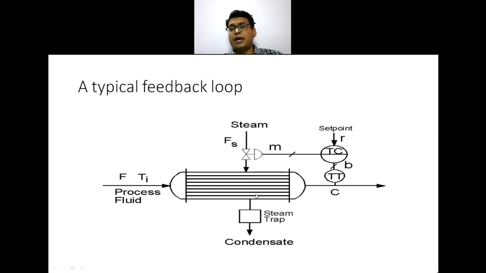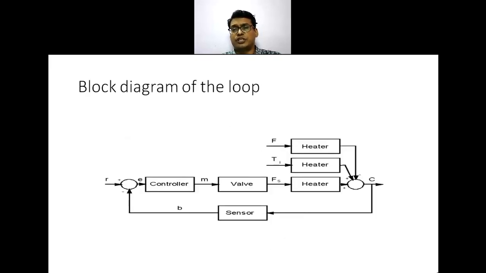So this is a typical process. You can take the level transmitter, the temperature transmitter, the pressure transmitter, whatever the situation may be. So always there is a controller, control valve, and the heater. The number of heaters can be increased, and a sensor will be there. So this is a standard block diagram.